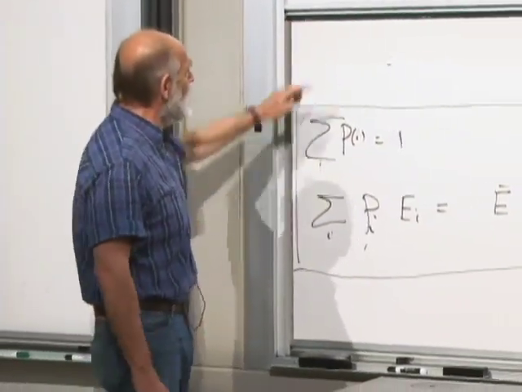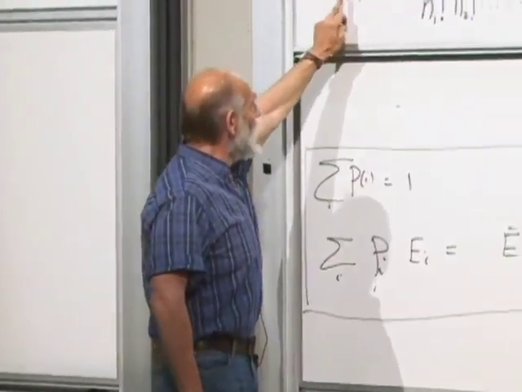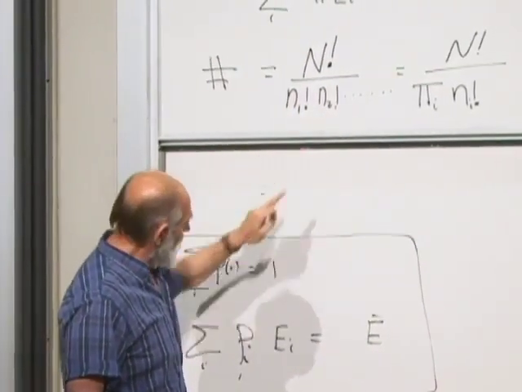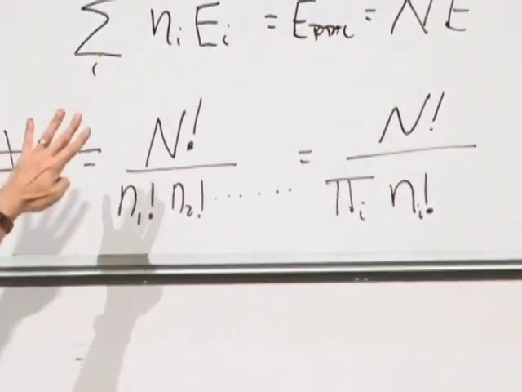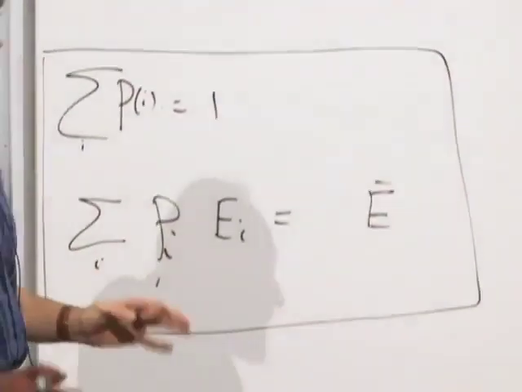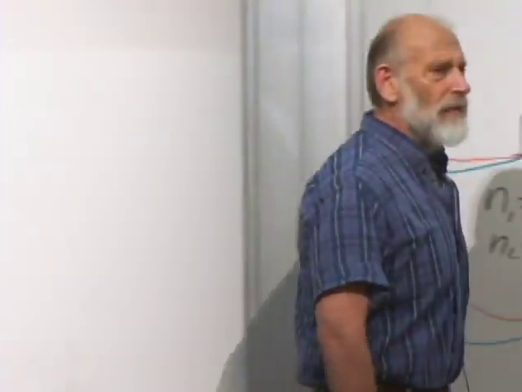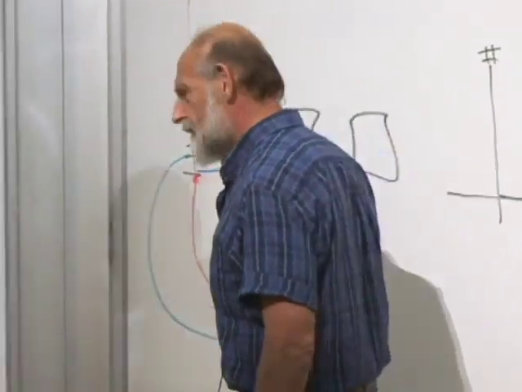I don't know when I started calling it pound, but a long time ago. The maximum of this thing as a function of the n's subject to these constraints can either be written this way or the way on top. This is the mathematical problem. And it sounds like a terrible mathematical problem, but fortunately it's surprisingly easy.